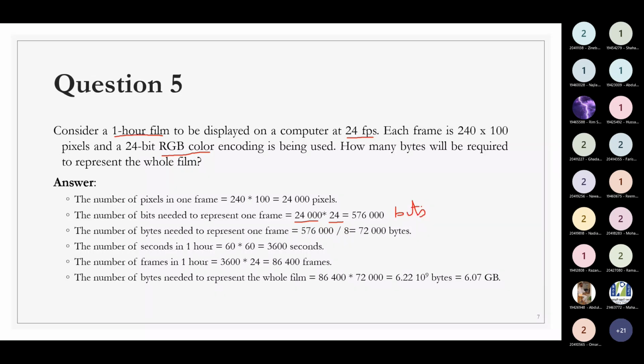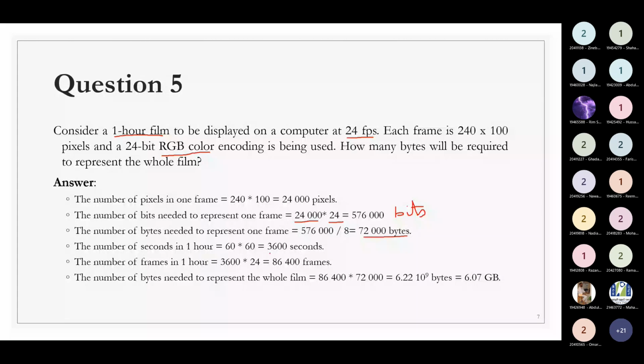The number of bytes we can get by dividing this number of bits by 8. Now the number of seconds in 1 hour is equal to 3,600 seconds.